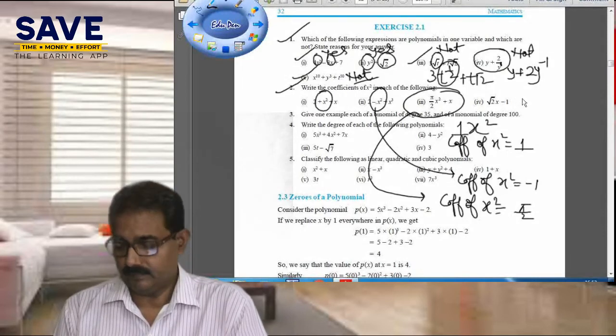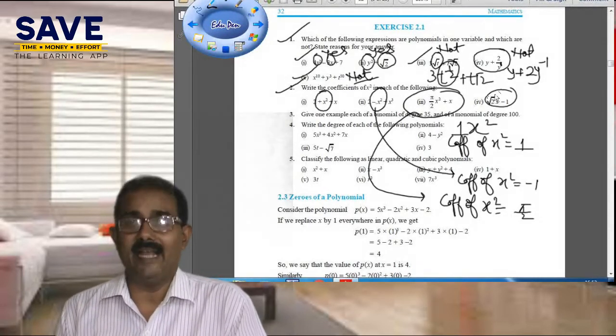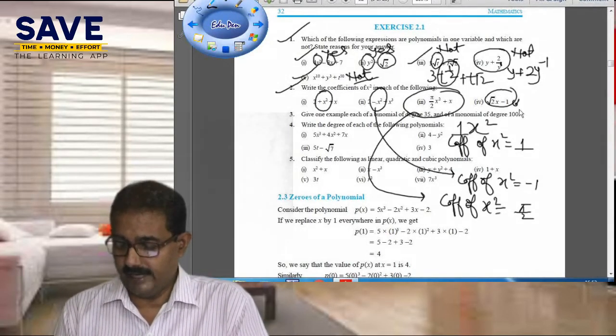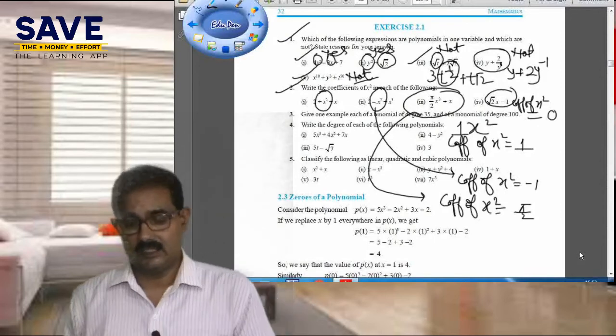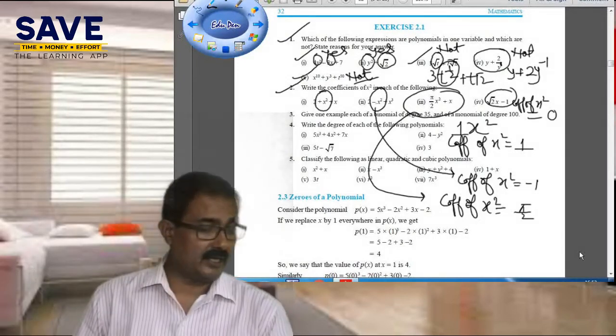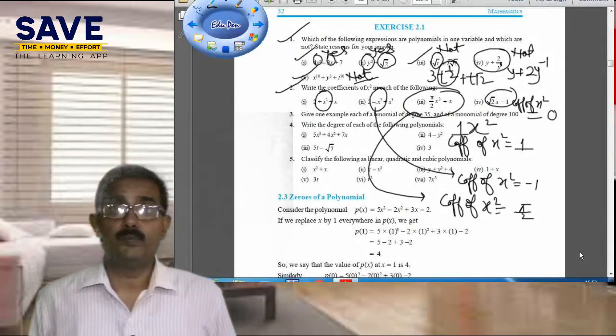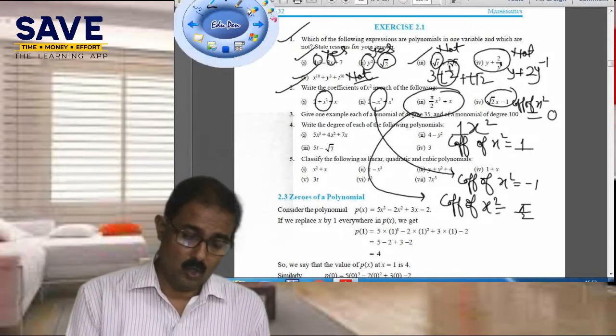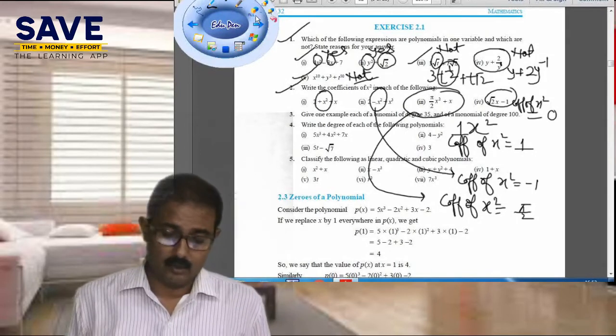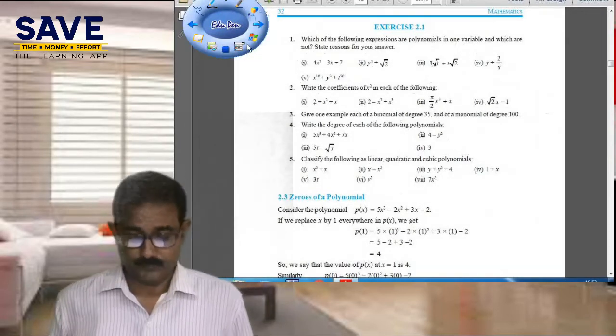And here we don't have the x square term, so the coefficient of x square here is 0. So this is question number 1 and question number 2 of this exercise 2.1.